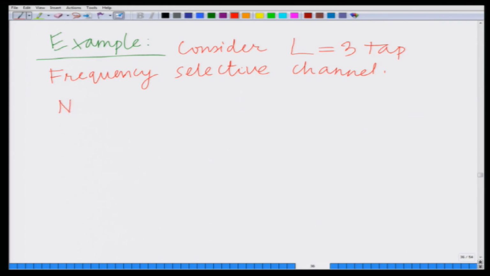The code length n is equal to 256 and the SNR is equal to 15 dB, and the question we want to ask is what is the bit error rate of this CDMA system. That is, we are considering an L equal to 3 tap frequency selective channel, code length n equal to 256, SNR equal to 15 dB. What is the bit error rate?